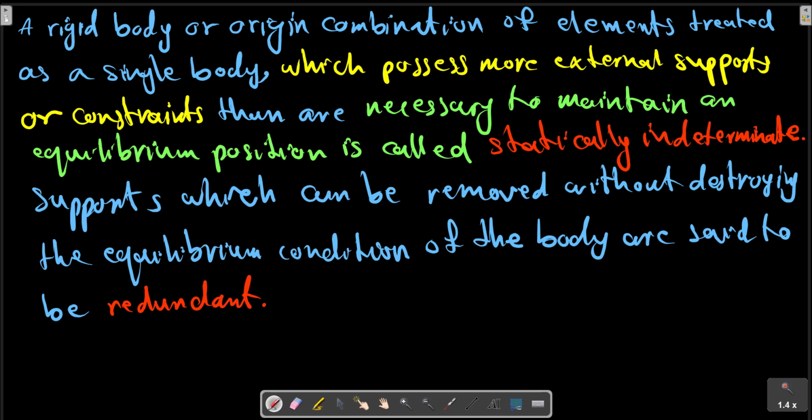The number of redundant supporting elements represents the corresponding degree of statical indeterminacy.